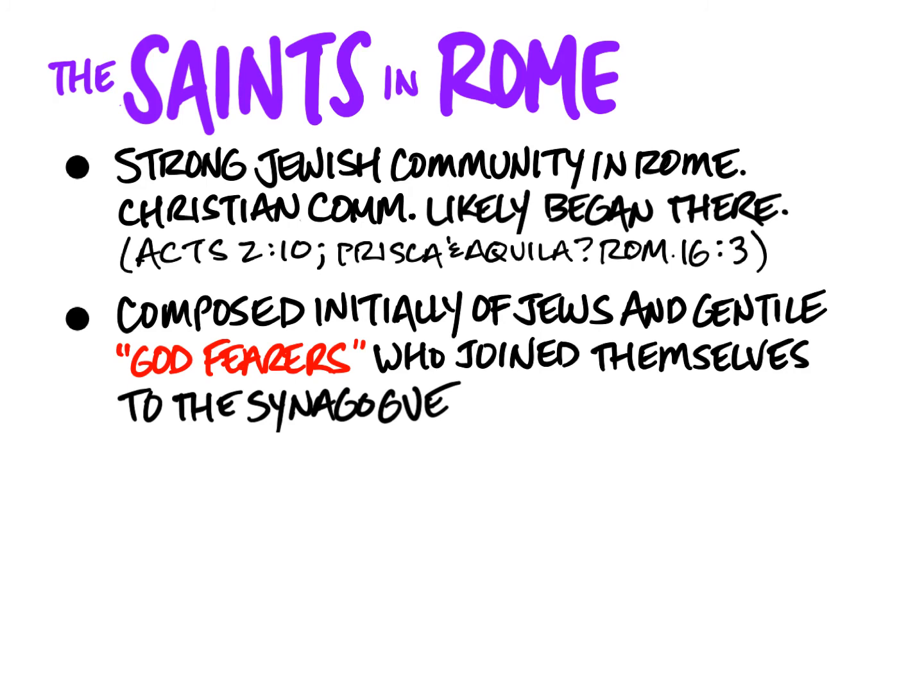That is, Gentiles who believed in the one God as the God of Israel and who joined themselves to the synagogue but didn't go so far, and I can understand this, as actually practicing circumcision and bringing themselves under the law of Moses as proselytes. But they're connected to the synagogue. We see hints of that in the Gospels. So you've got Jews, and then the only Gentiles you would have would be those God-fearers.